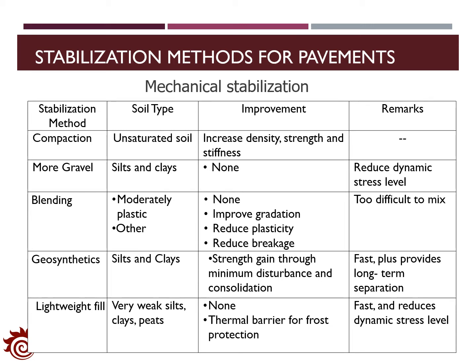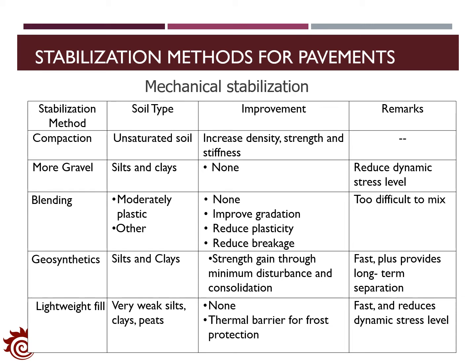The fourth method is called geosynthetics, which is usually applied for silts and clays. This method can increase the strength of the soil by minimizing the disturbance and consolidation. The method can be constructed at very high speed. However, sometimes this method will cause long-term separation of the pavement.